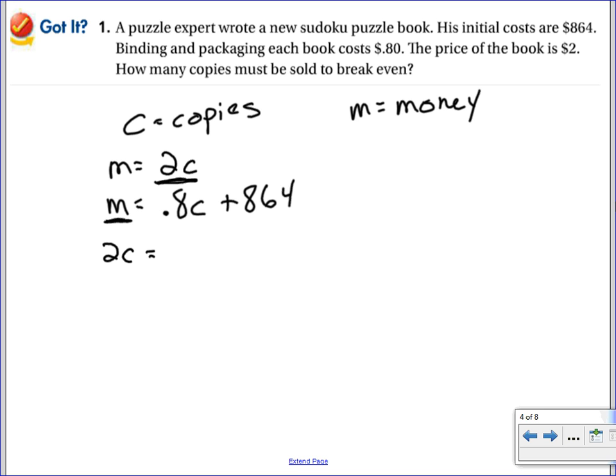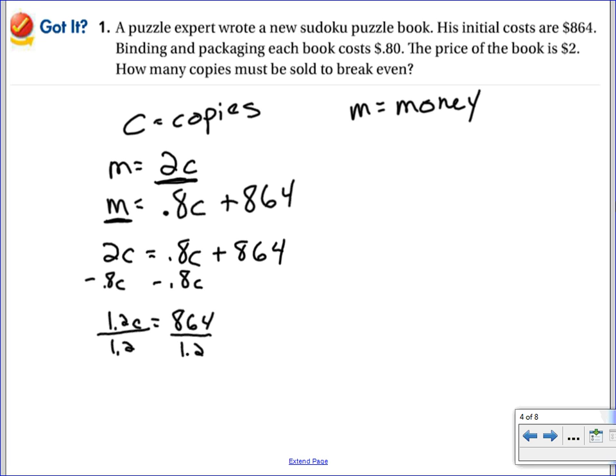So we have 2C equals 0.8C plus 864. Subtract 0.8C from both sides. You get 1.2C equals 864. Divide by 1.2, and 864 divided by 1.2 gives you 720 copies of the book. That's the break-even point. If you want to find out how much money that is, just plug it back in, but it doesn't ask you for that.